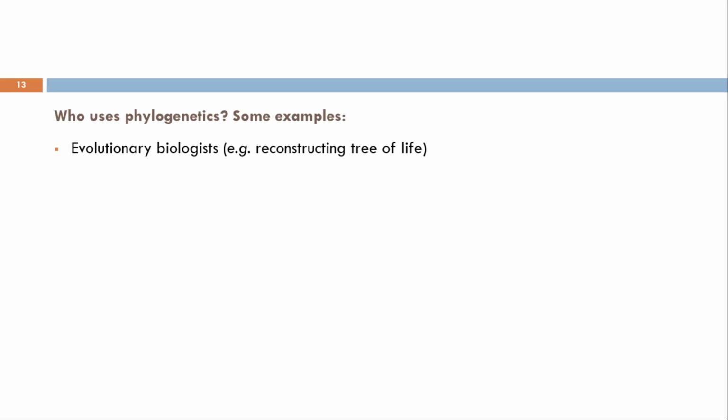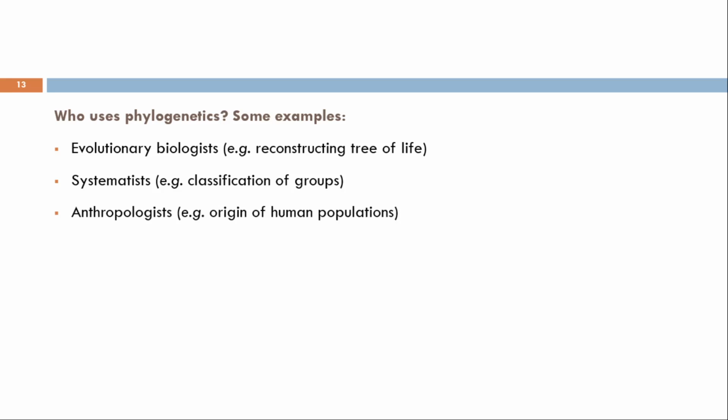They use phylogenetic analysis. The scientists involved in systematics, meaning classification of organisms, also use phylogenetics. Anthropologists, studying the origin of human populations, also apply phylogenetics.